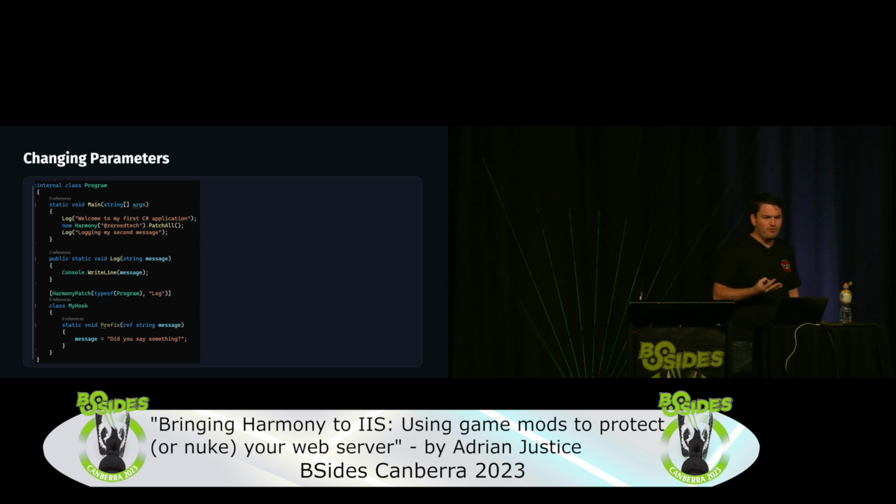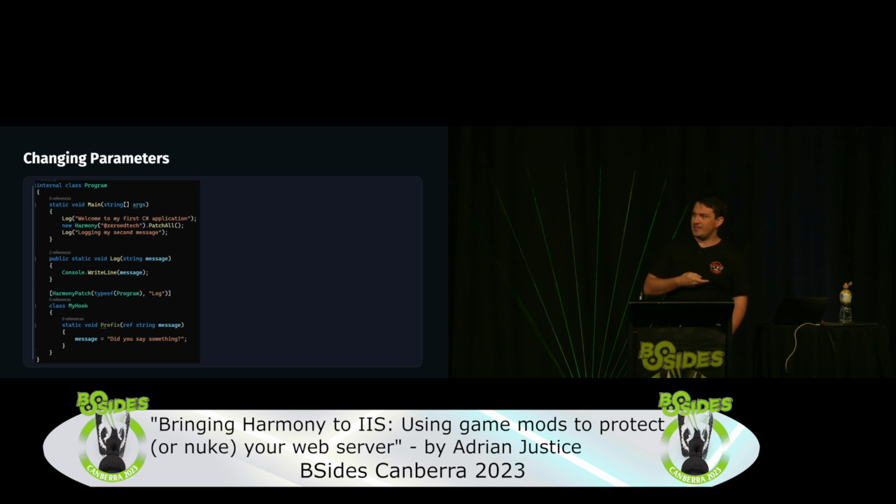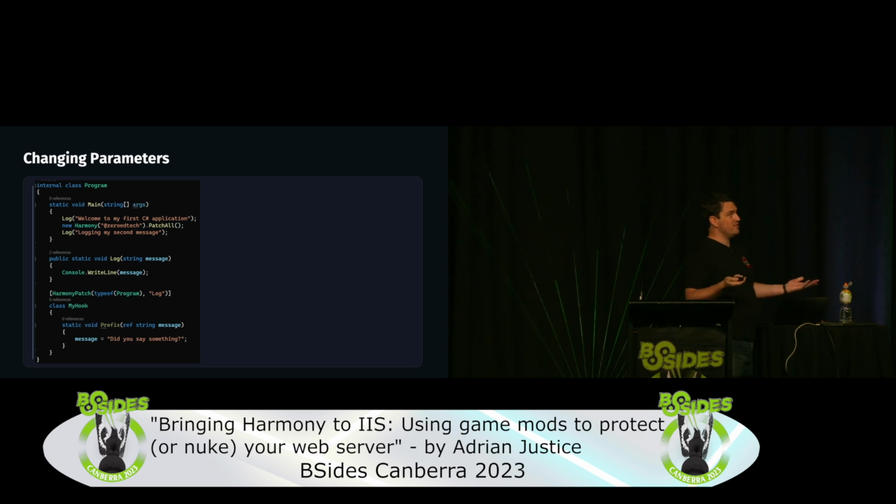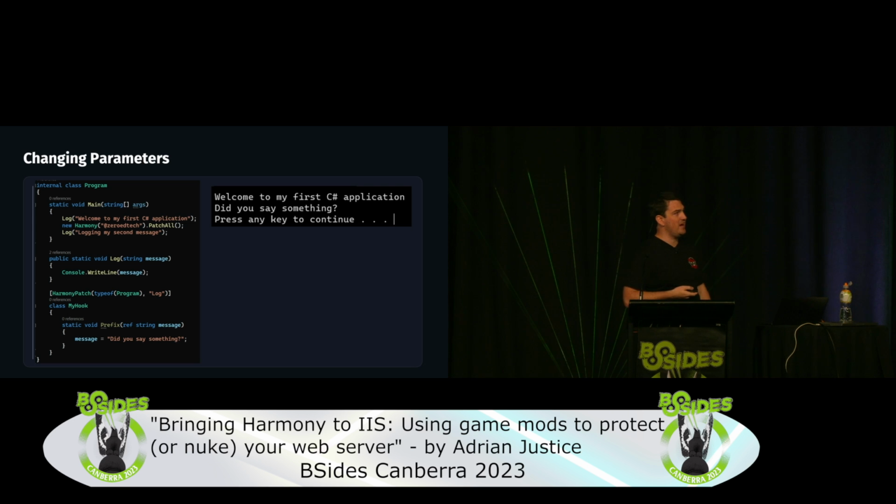Next up, what if we wanted to manipulate parameters to a function? Well, all we need to do that is add a ref keyword to the parameter being passed in. Once we've done that, we can just replace the contents of the parameter, give it a run. Our second log function has now been replaced, so we've changed that parameter. C# by default is a pass by value language.